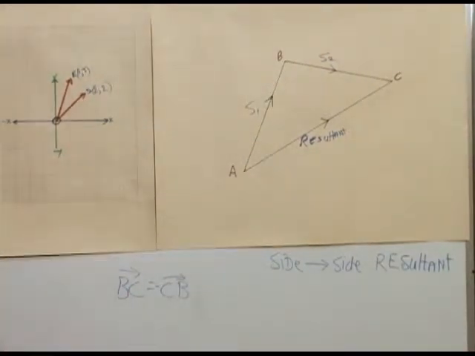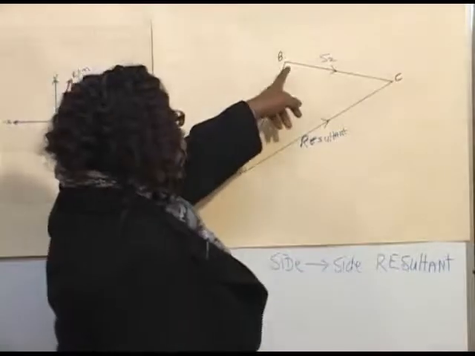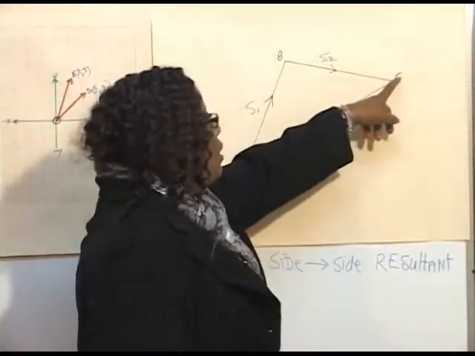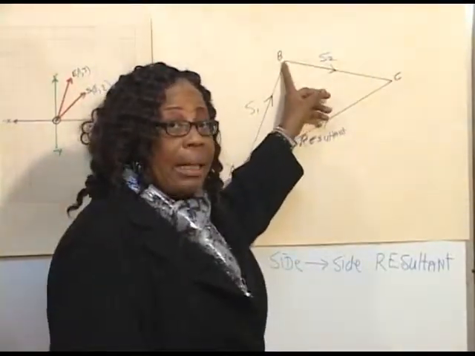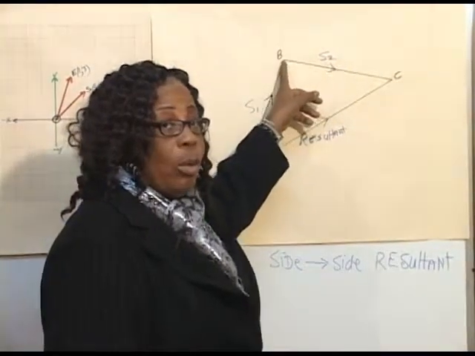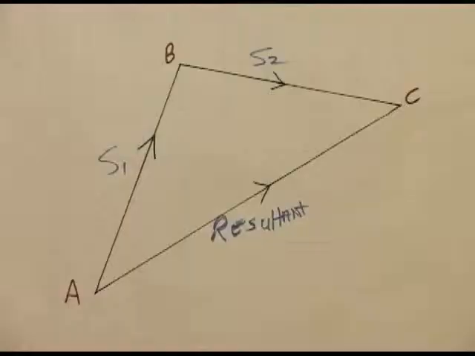And we can see that because if you're walking from B to C and you go from C to B, you'd be turning back. All right? So BC is not the same thing as CB. Please note that. Remember we said already, a vector has size and position. It also has direction, okay?